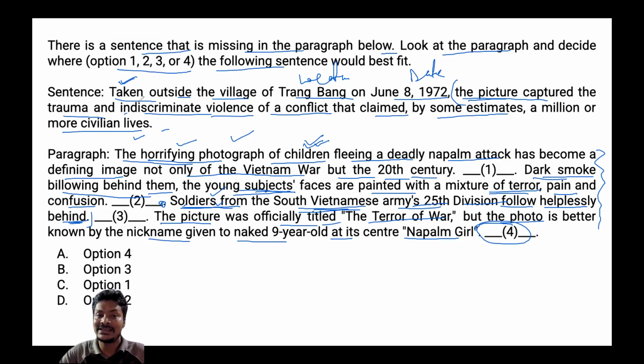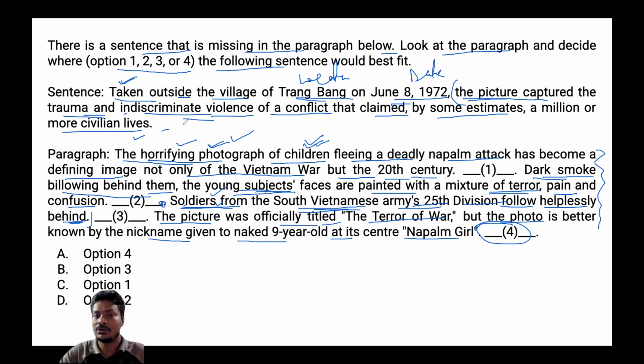Now in that case, if we look at it, what does this want to point out? It wants to point out that the photograph given here, the horrifying photograph of children and soldiers, was taken at the village of Trangbang on June 8, and that picture shows the trauma and indiscriminate violence of a conflict.